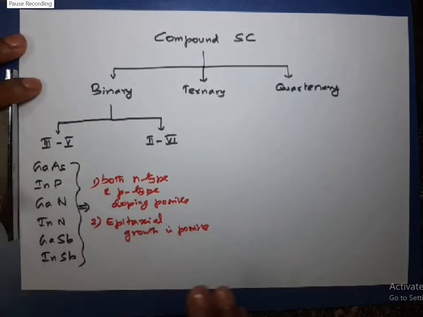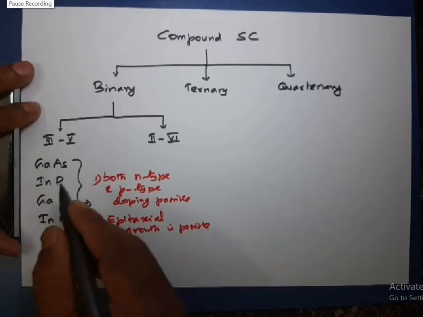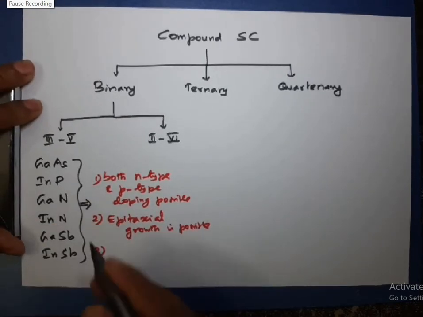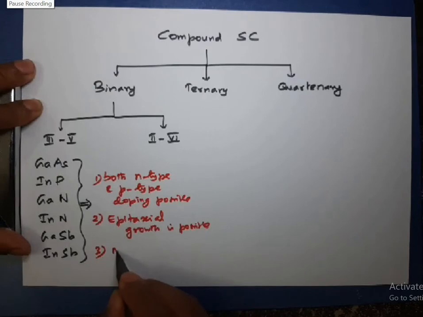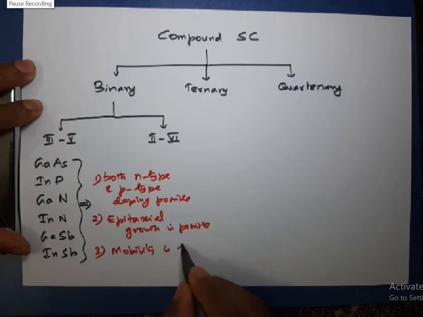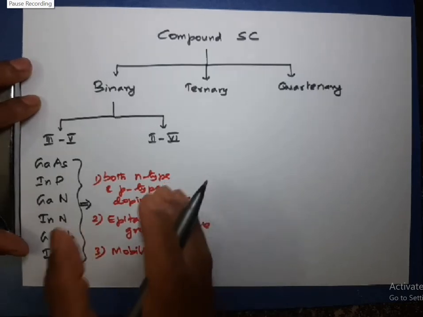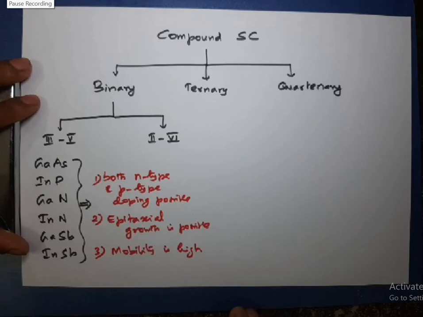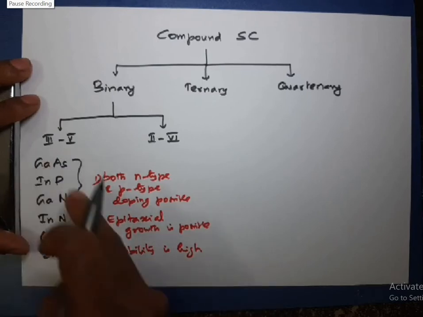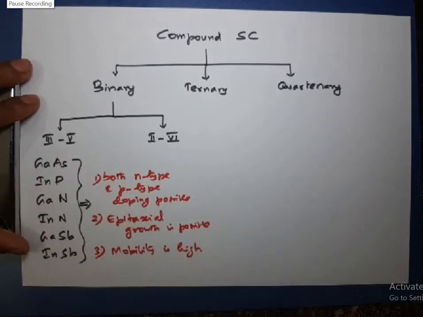This is very important. Then the third point: mobility is high. In the case of 3-5 semiconductors, the mobility of the carriers is very high. These are some essential points one should keep in mind, the advantages of 3-5 semiconductors.